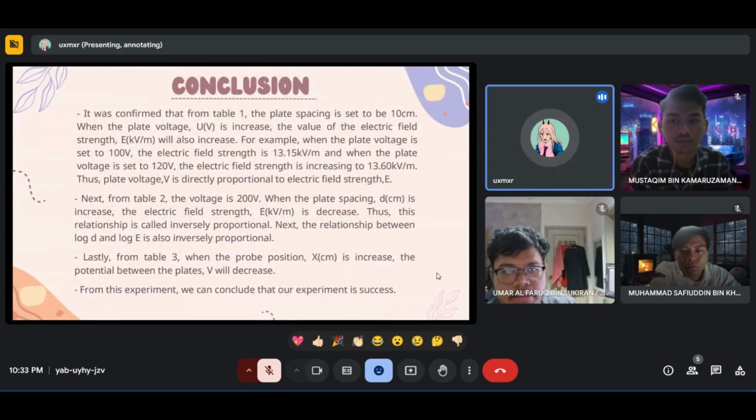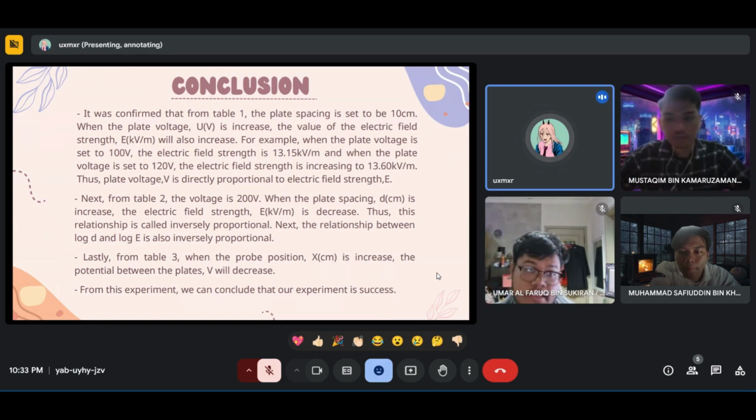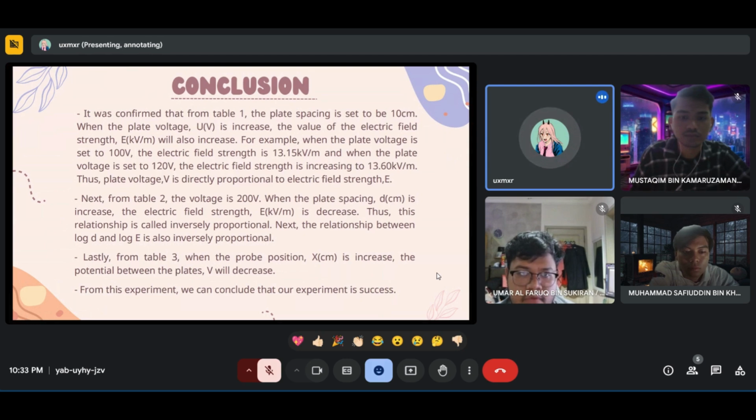Finally, our conclusion. It is confirmed from table 1 that the plate spacing is set to be 10 centimeter, and when the plate voltage U in unit of V is increased, the value of electric field strength E in unit kilovolt per meter will also increase.